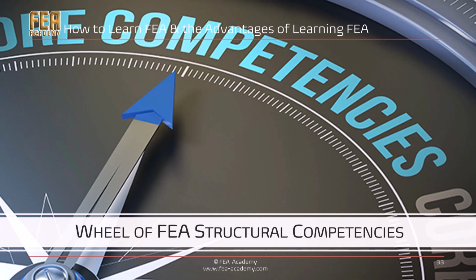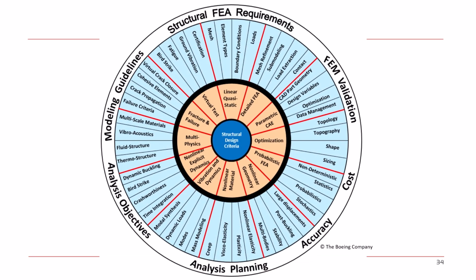Before going to the advantages of learning FEA, let me present the wheel of FEA structural competencies from the Boeing company. On this graphic, in the middle, in orange, you see different structural design criteria.